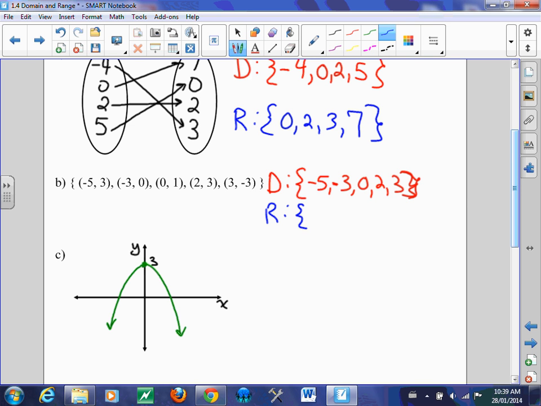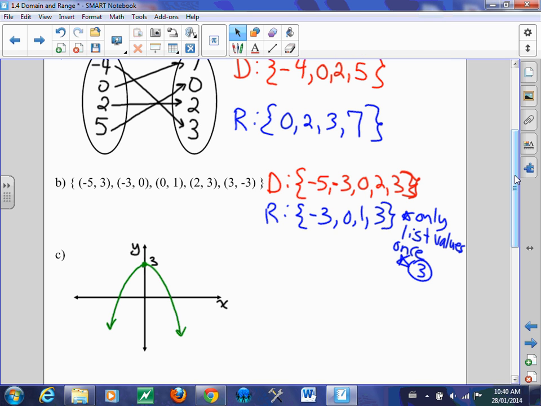Okay, when we take a look, our smallest value is -3. Okay, and then we go 0 and 1. And notice here, ladies and gentlemen, we got 2 3s, but we only have to include it once. So only list values once. Okay, so for example here, the 3 was twice. You didn't have to write it twice.